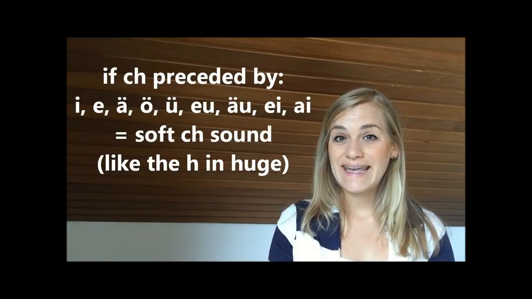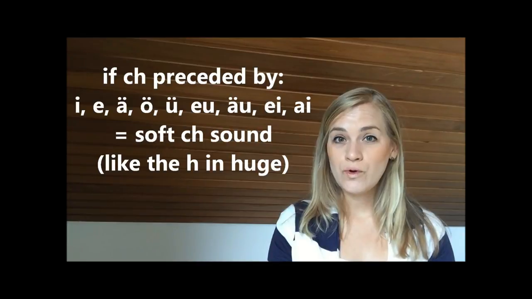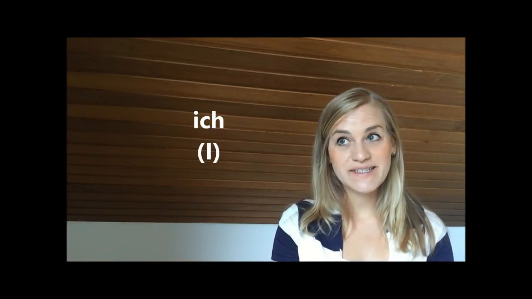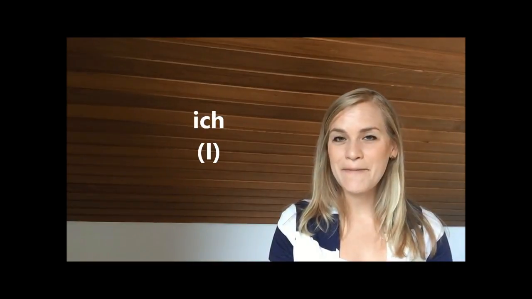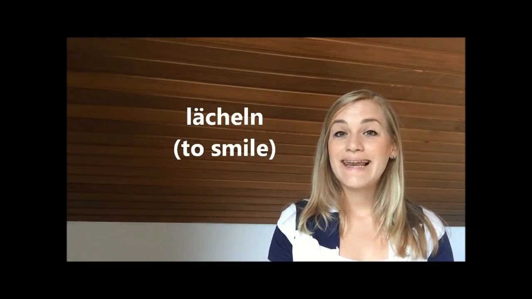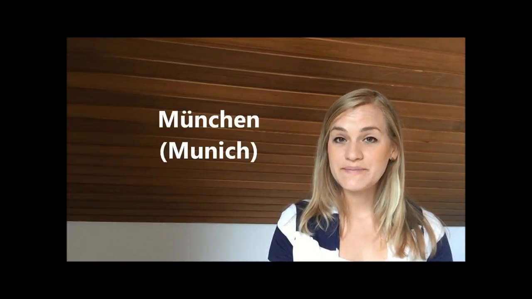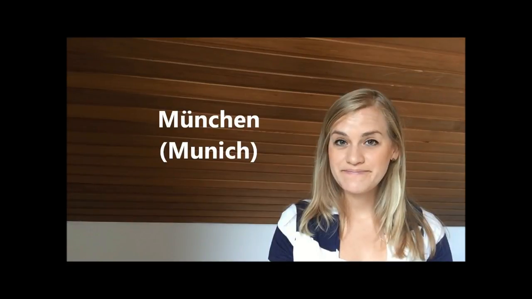Now, when do you make that sound? You make that sound when the CH is preceded by I, E, Ä, Ö, Ü, EI, or EU, okay? And I'll give you a couple of examples so that you can practice. So we have ich, one of the most important German words. Then we have lächeln, and then we have München.